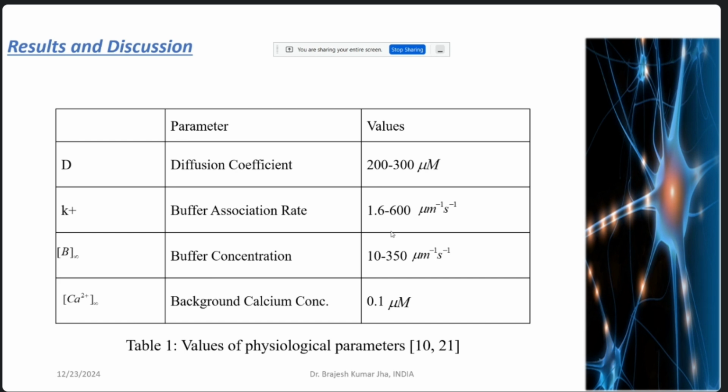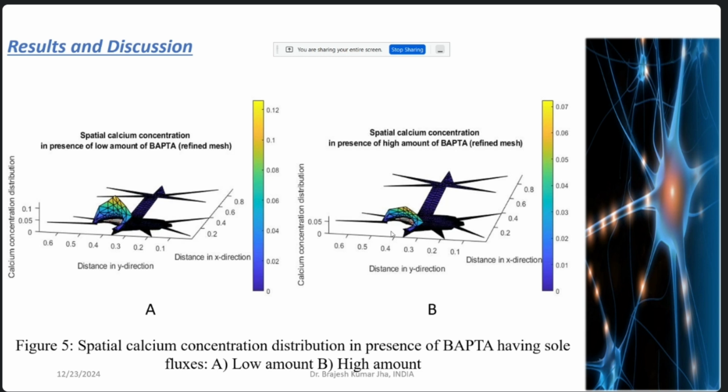Why have we taken the range? Because if different buffers are there, we have to define from where to where we can take. So if we talk about BAPTA, it is one kind of buffer.